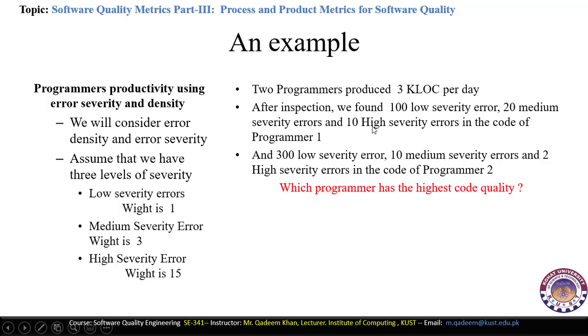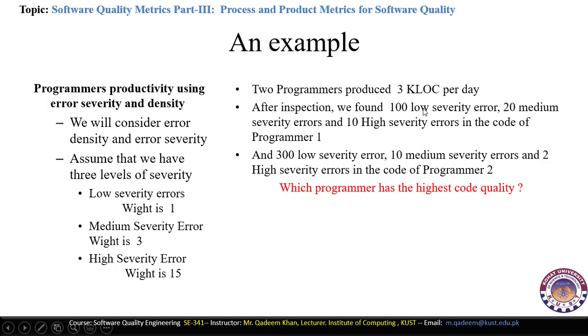Similarly, for the other programmer, we will also multiply. For example, 100 multiplied by 1, similarly 20 multiplied by 3, and similarly 10 multiplied by 15. So 100 multiplied by 1 is 100, and 20 multiplied by 3 is equal to 60, and 10 multiplied by 15 is equal to 150.